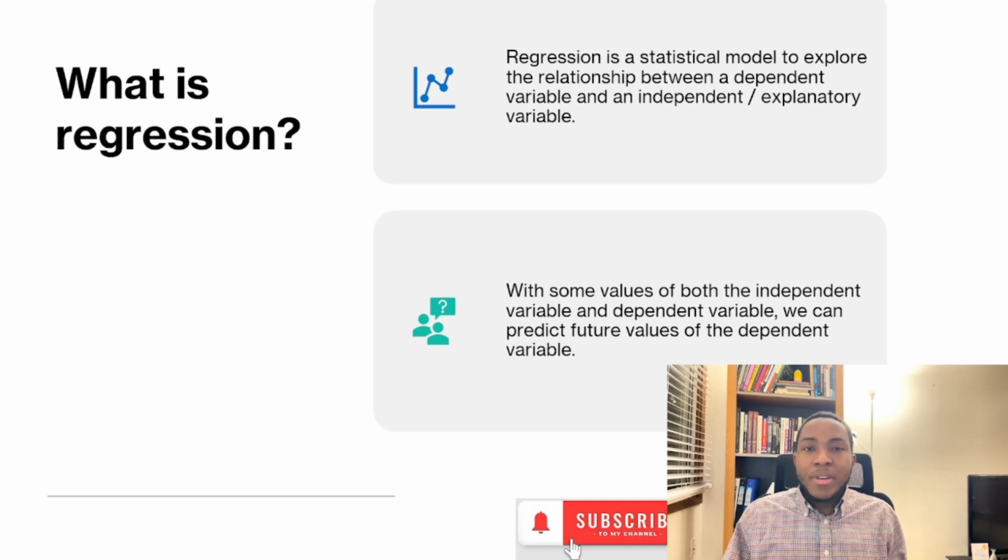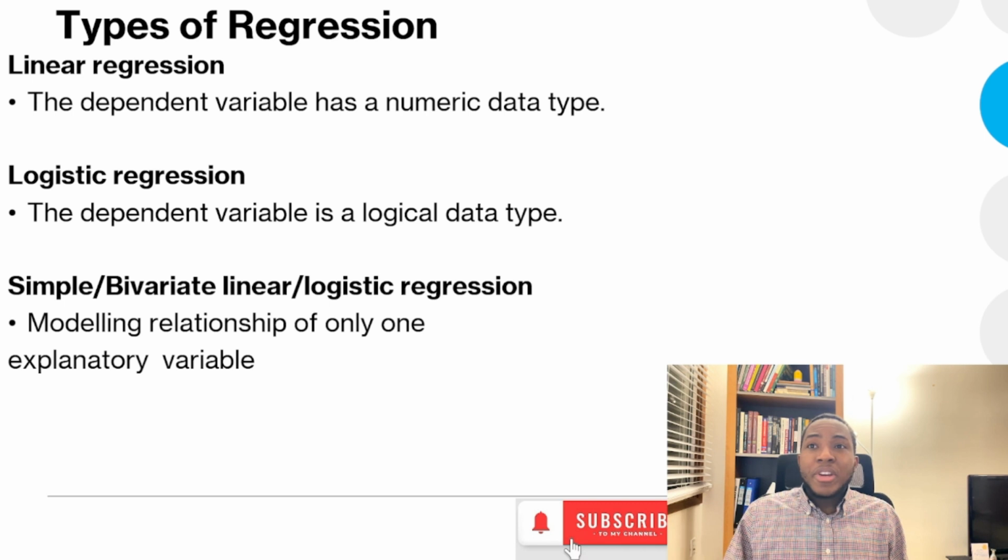We want to be able to predict the values of the outcome variable based on how it varies with the independent variable. Regarding the types of regression, there are mostly two types that we're going to cover here. First of all, we're going to deal with linear regression. With linear regression, we are dealing with an outcome or dependent variable that has numeric values. So we can expect that there's a lot of variation between values in the dependent variable.